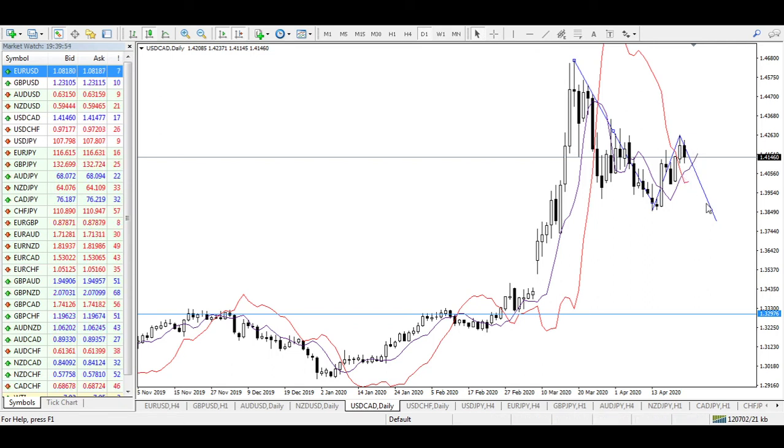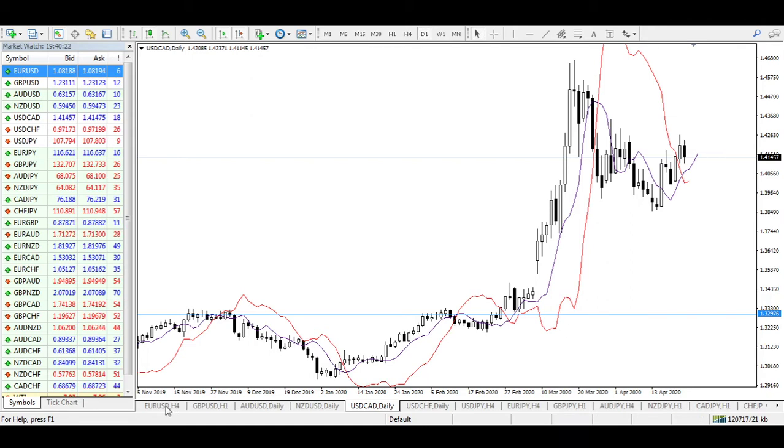Maybe it will stay stronger for a day or a week. So selling euro versus Canadian dollar is my plan now. Even if such a minor correction to the downside happens, like it happened in 2 days, here you see this day and this day, that will also be helpful enough to complete a trade.